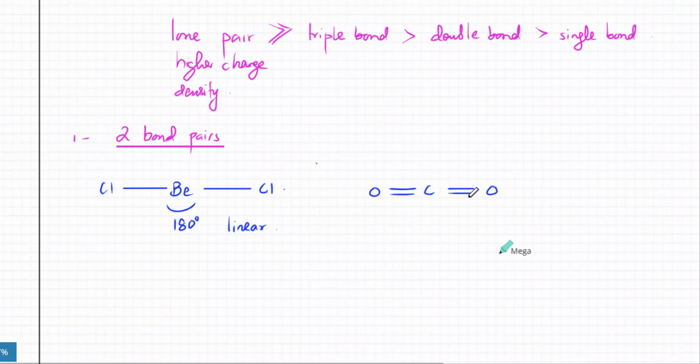Think of this as one pair of bond, although they're actually two pairs, but think of this as one entity, and this is the other entity. The bonds over here are going to repel the bonds over here, so think of this as two bond pairs. This one would also be 180 degrees and linear. If you have another one, let's say an HCN molecule, that's going to be exactly the same.